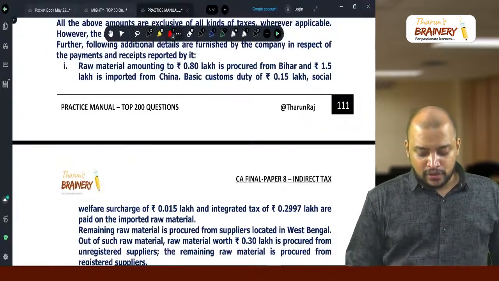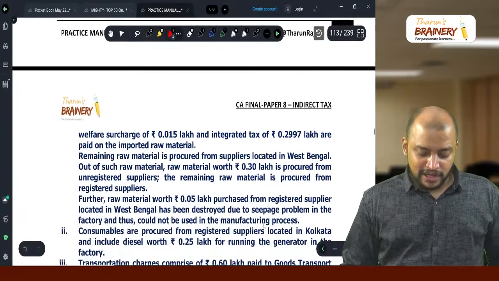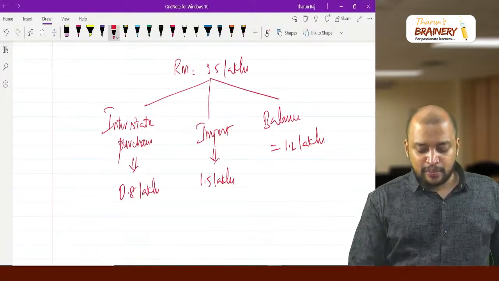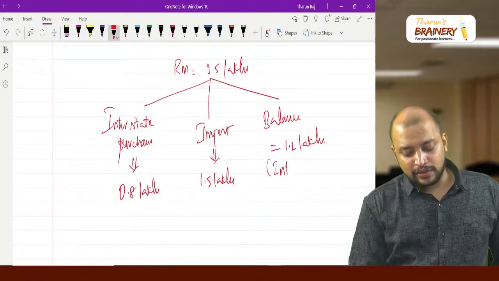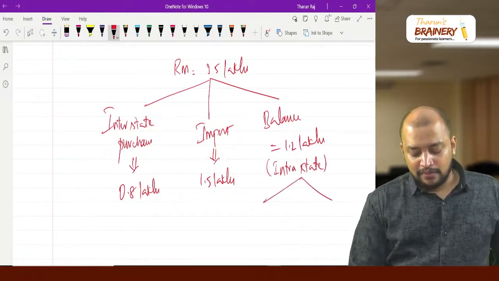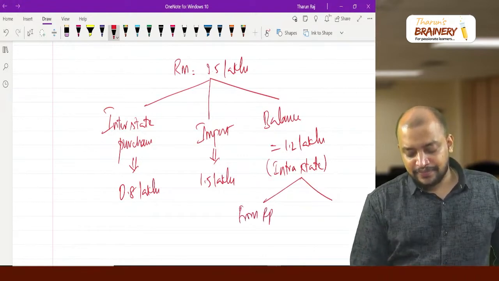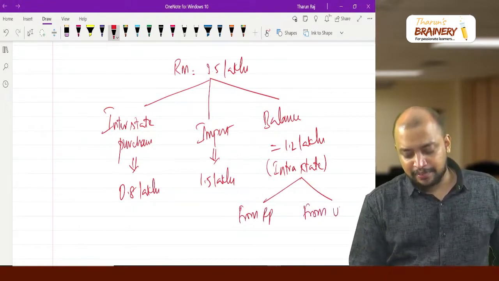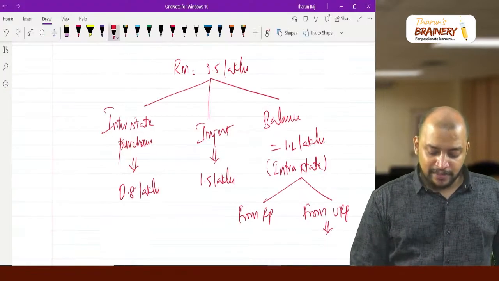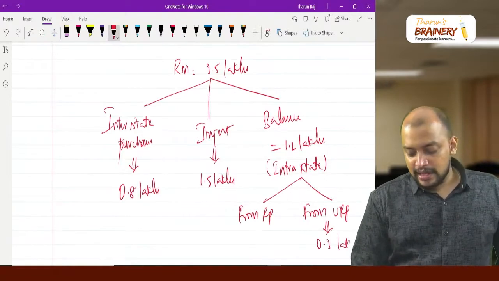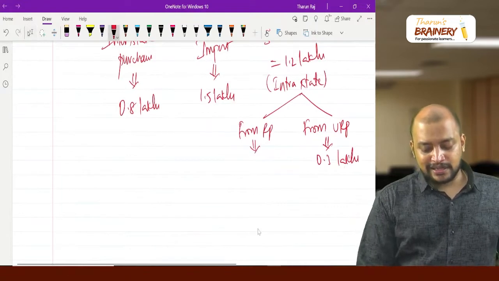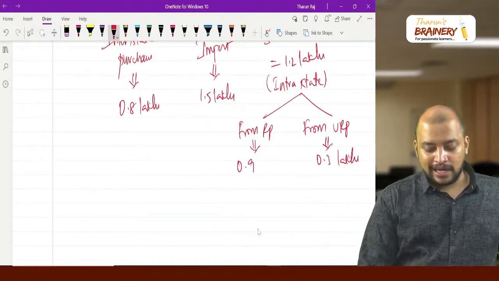In this 1.2 lakhs again we have a breakup. All this 1.2 is intrastate only, from registered person and from unregistered person. From unregistered person, how much? 0.3 lakhs. Then from registered person, how much? 0.9 lakhs.